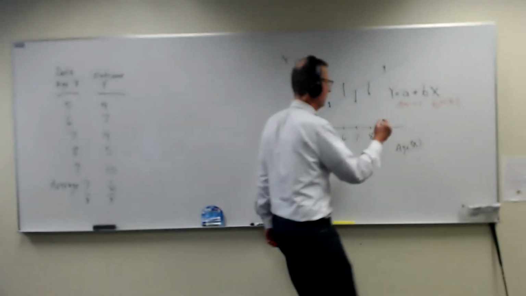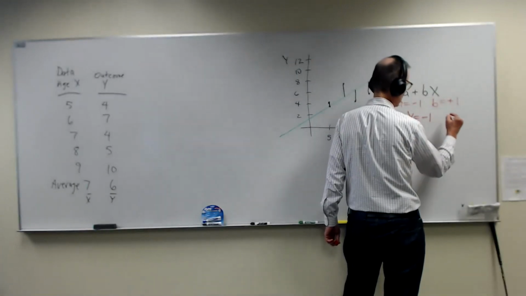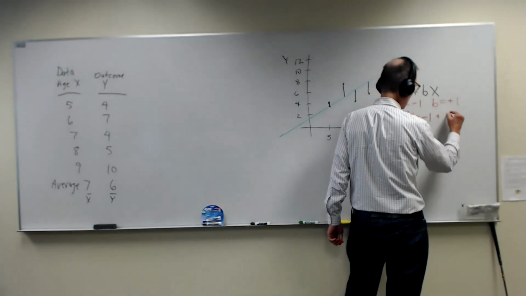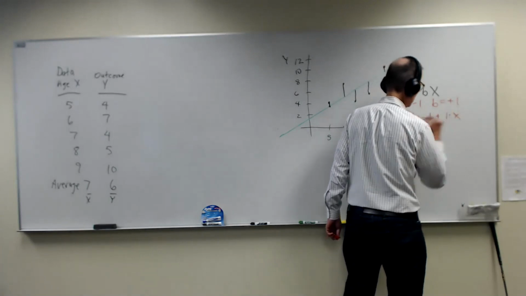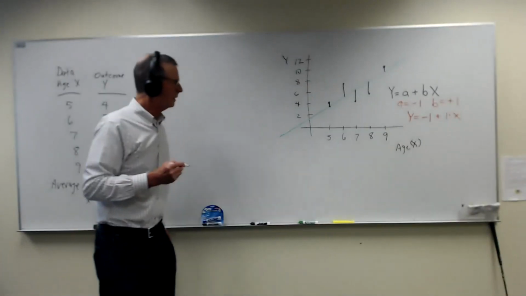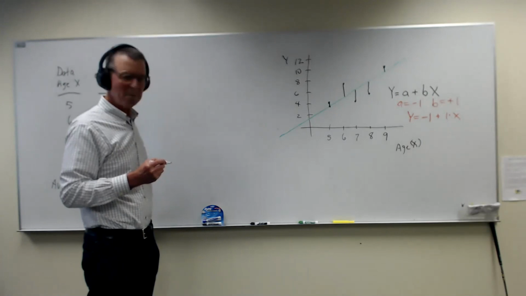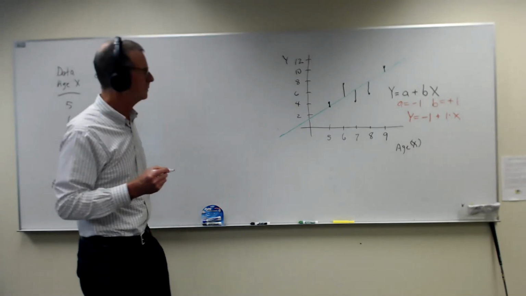So the equation is y equals -1 plus 1 times x. All right, so should we pay any attention to the constant?